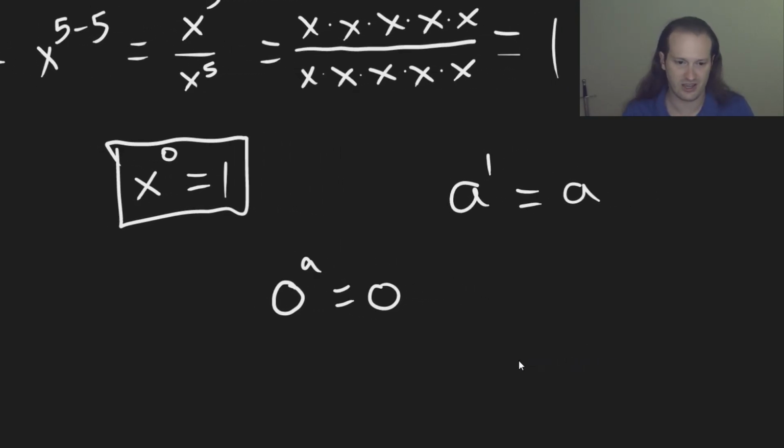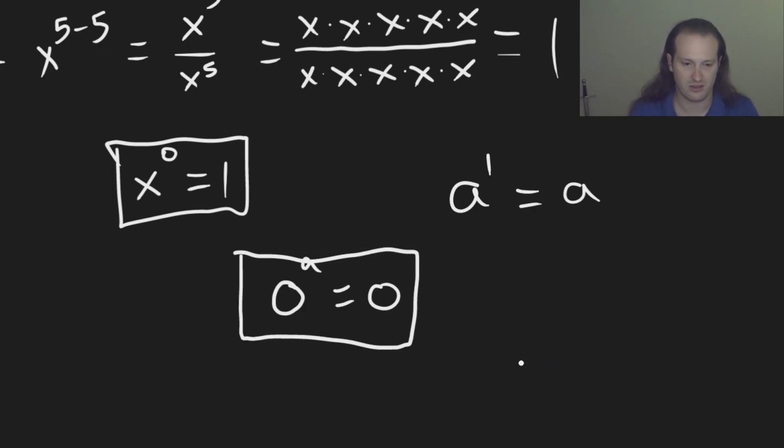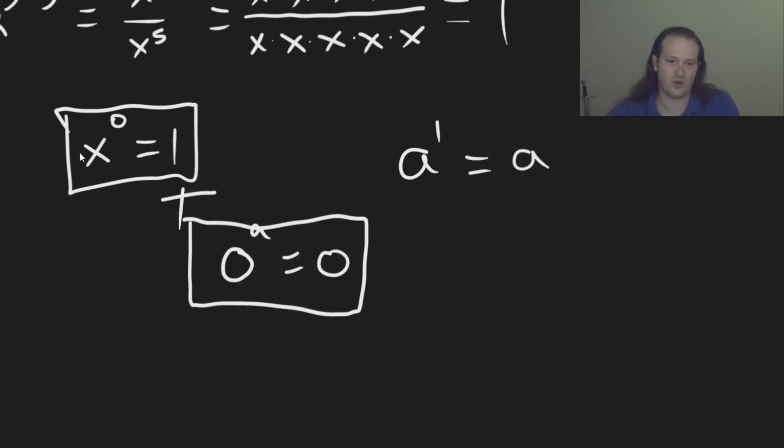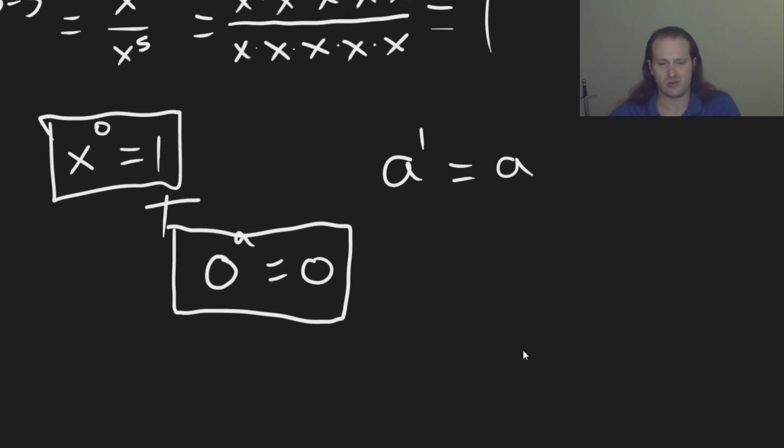But what if I wanted to kind of combine these two here? So anything to the 0 power equals 1, and 0 to any power is 0. What is 0 to the 0th power?